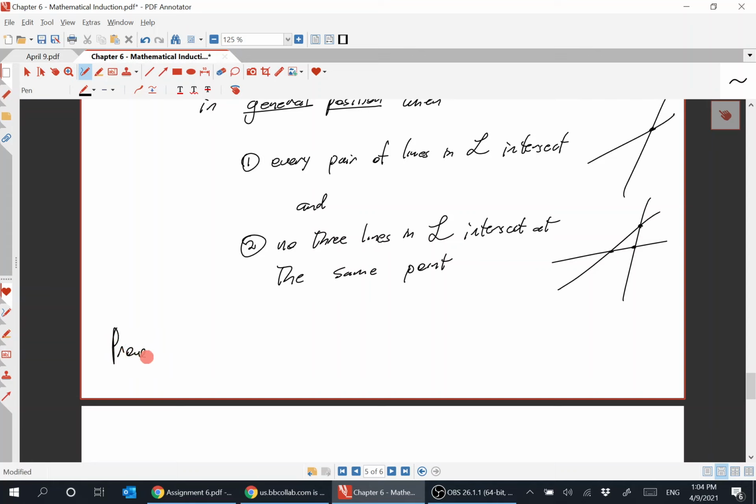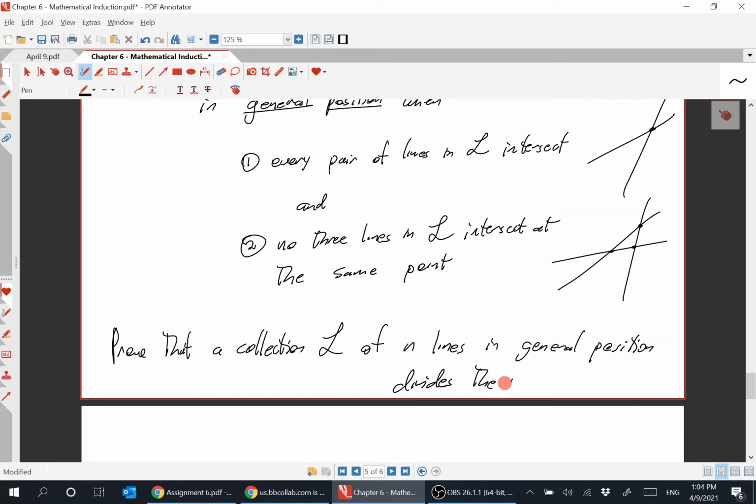So let's prove that a collection L of n lines in general position divides the plane into n squared plus n plus 2 over 2 regions. So it doesn't matter what they really look like, it's always that many regions.